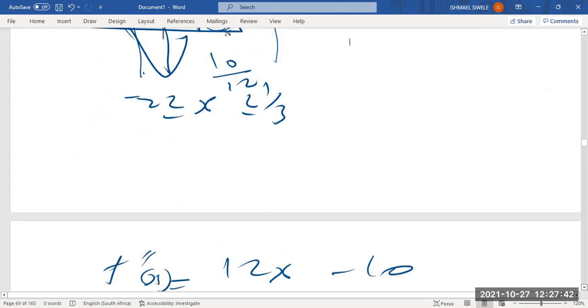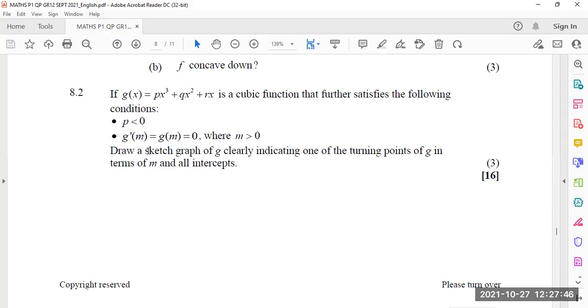Let's see what else they're saying. If p is less than 0, g prime of m is equal to g of m, where m is greater than 0.